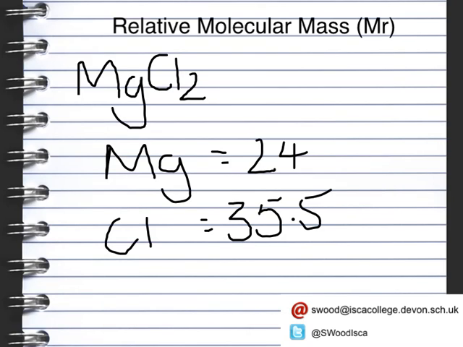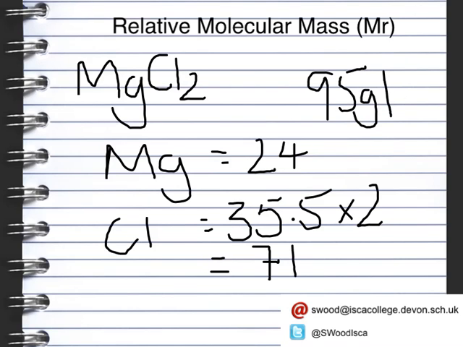Now if we look here, we've got 2 atoms of chlorine, so we have to multiply that by 2, which gives us a value of 71. Now 71 plus 24 is going to equal 95. So we have a relative molecular mass of 95 grams per mole.